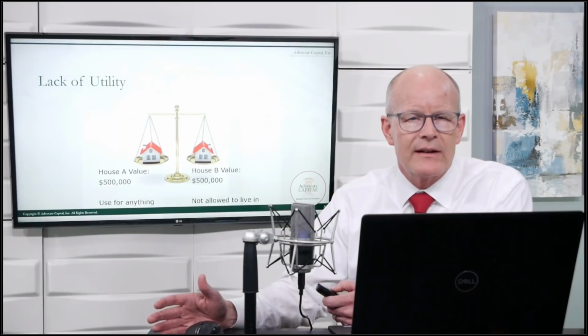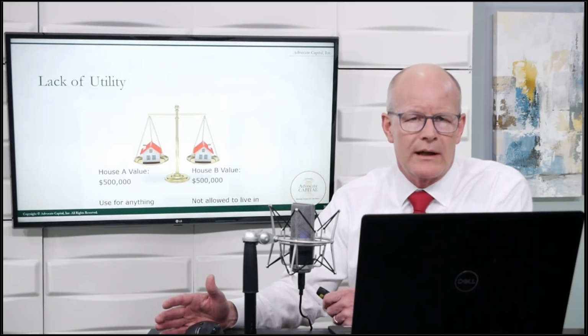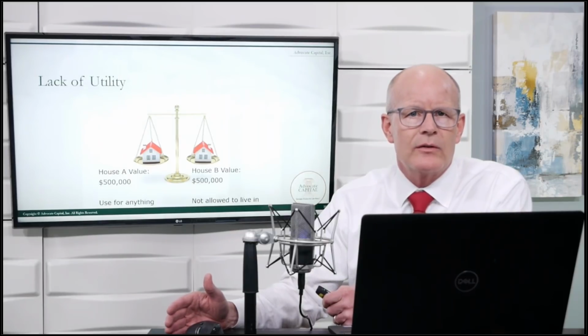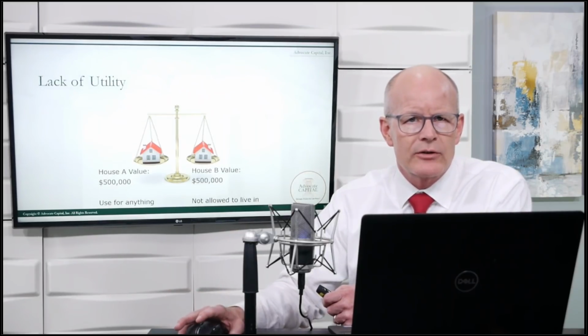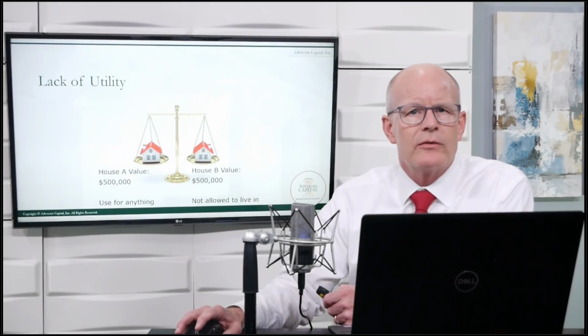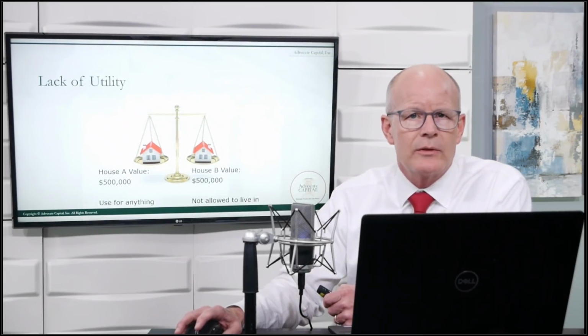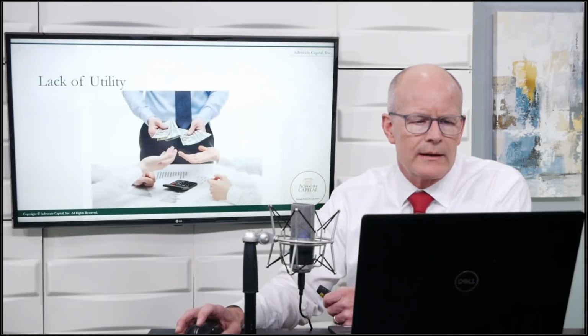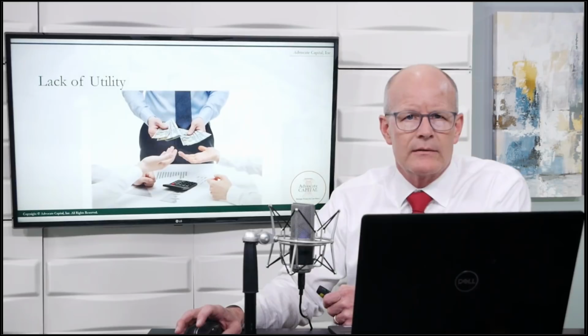I think it's pretty obvious that House A is a better value, and you choose that one. And again, one of the reasons is you can use it. You can do something with it. Well, when you let your cash remain in your law firm to be used for case expenses, you've lost the utility of that cash. You can't do anything with that asset any longer. It's tied up indefinitely. So lack of utility is when you've just given up your cash and let your law firm hang on to it.